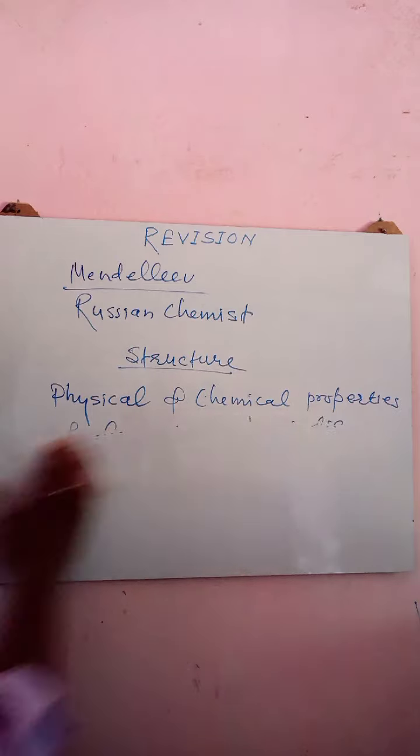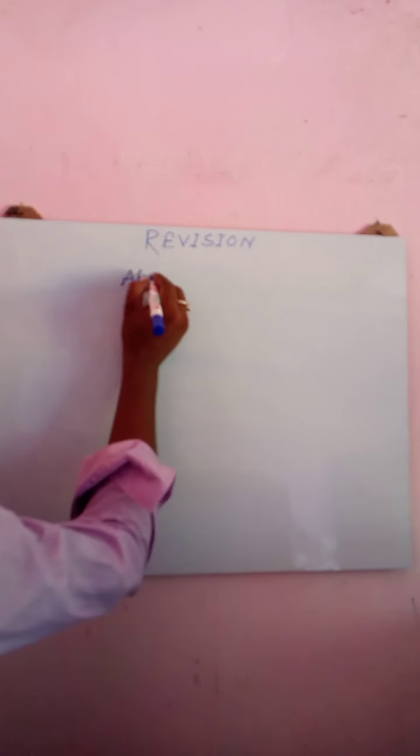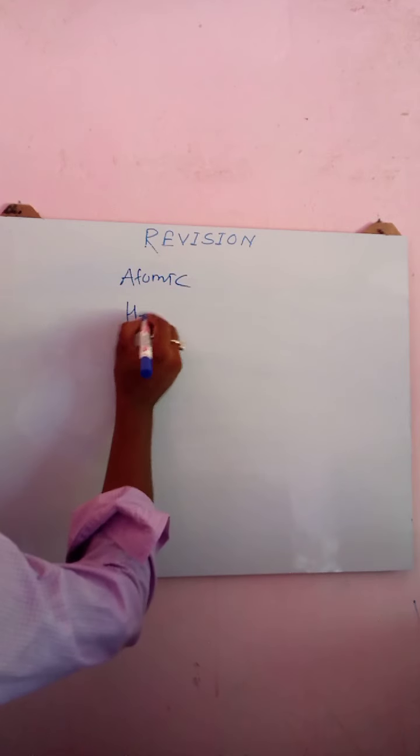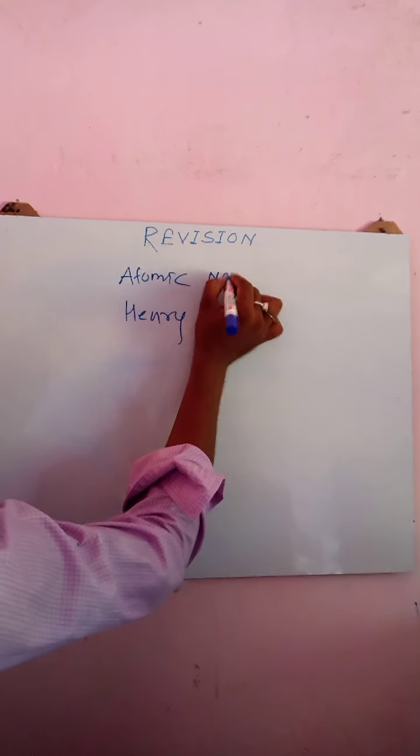scientist Henry Moseley. One thing I would like to tell here. Henry Moseley's classification was based on the most appropriate fundamental property, that is atomic number. Henry Moseley classified the elements on the basis of atomic number.